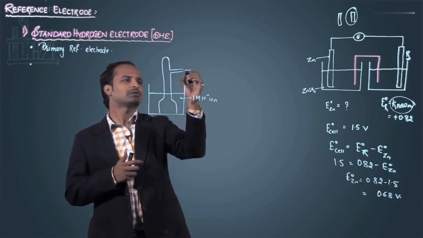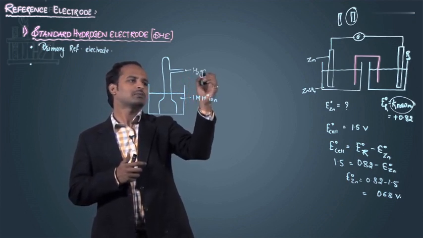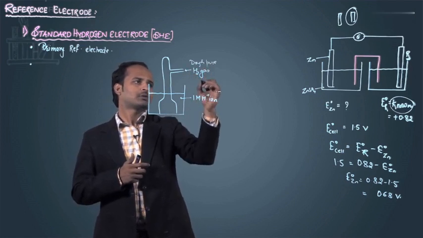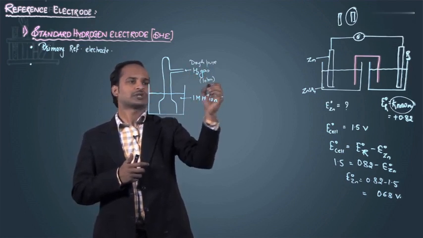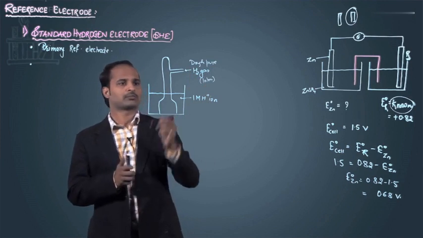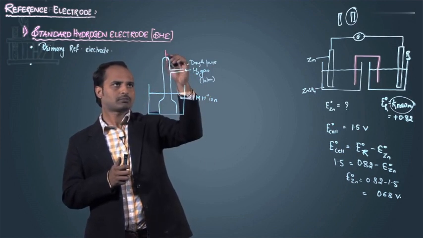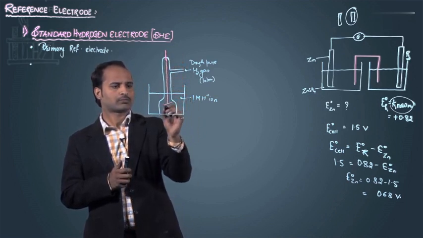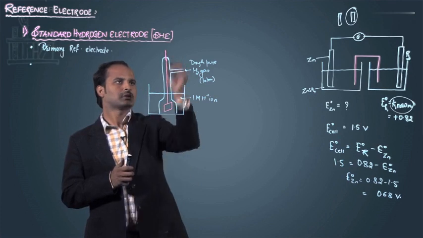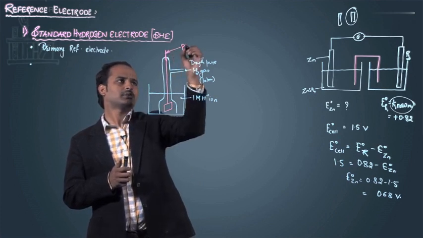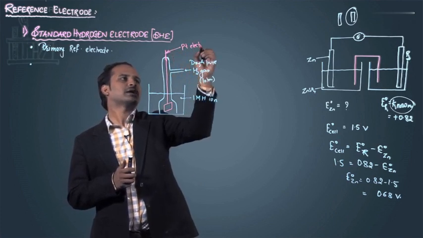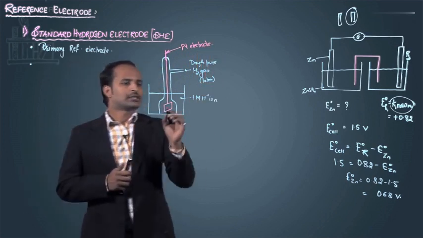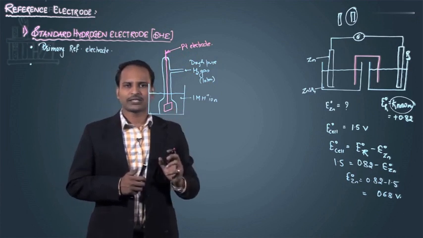Here we are passing pure hydrogen gas under a pressure of 1 atmosphere. There is a platinum electrode, which acts as an inert electrode, and this platinum electrode is coated with platinized platinum.